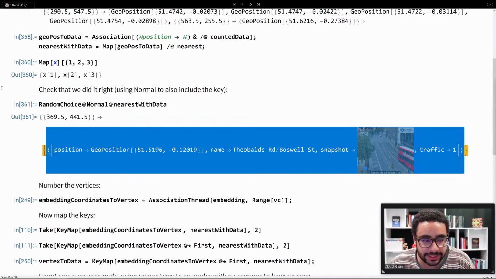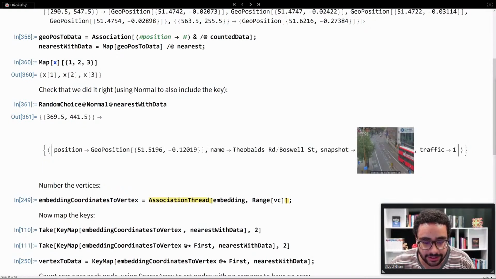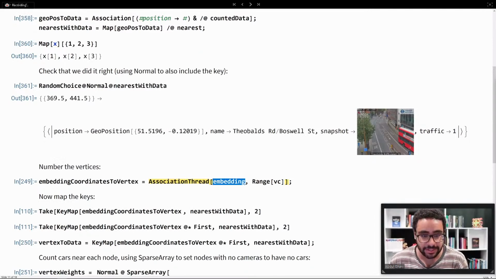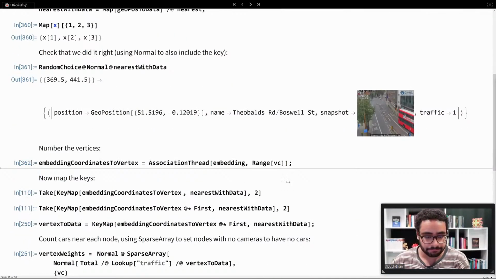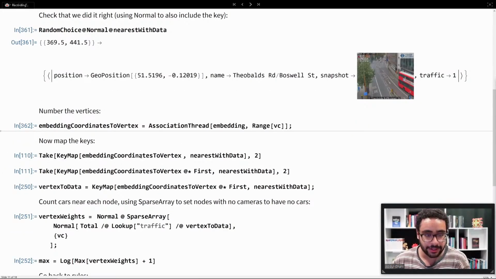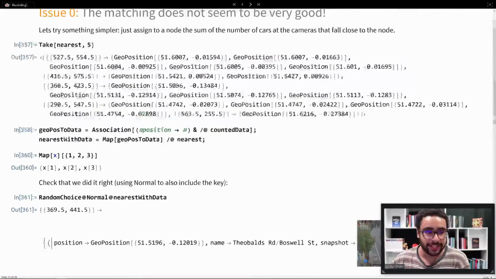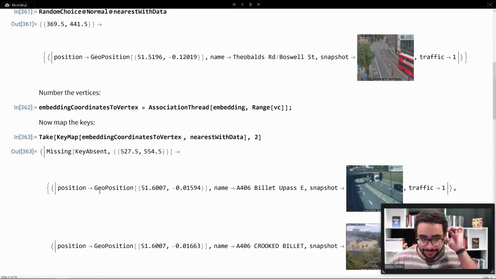Okay, now I want to do something similar to the left-hand side. The first vertex goes to the first place in this embedding. So an association thread will point from these to their position, and then we are going to map that over the keys by using key map.